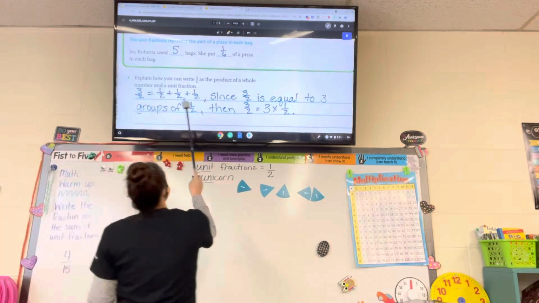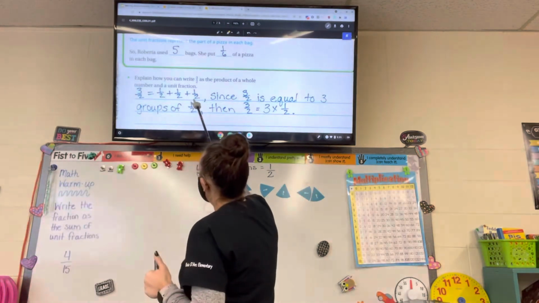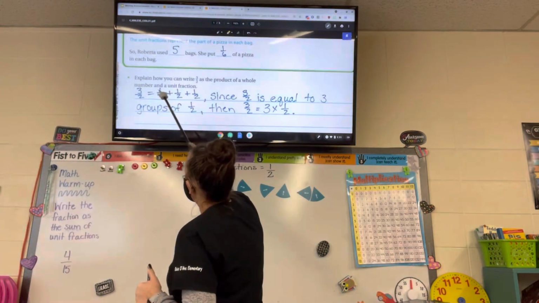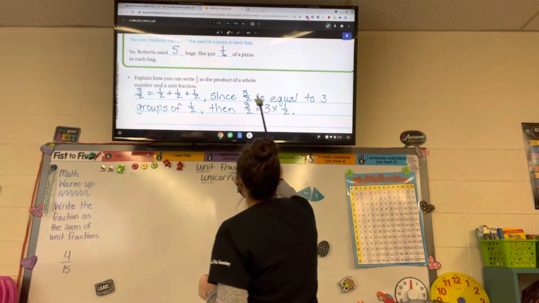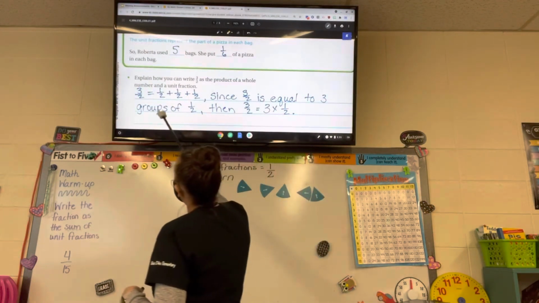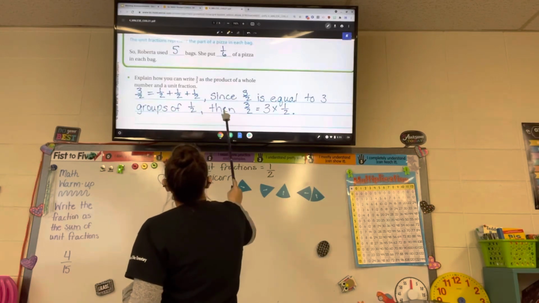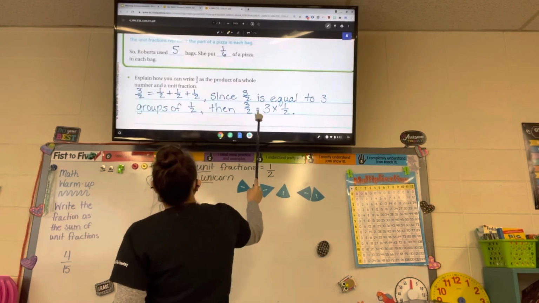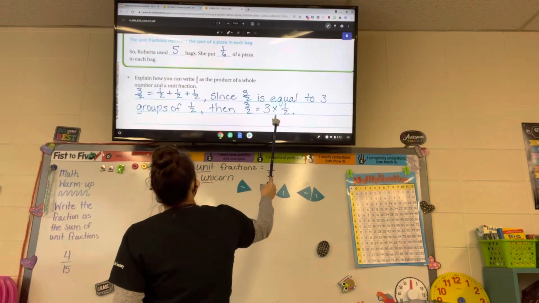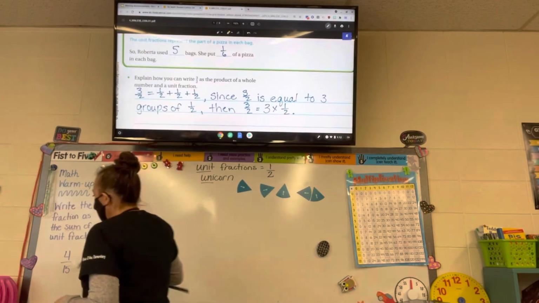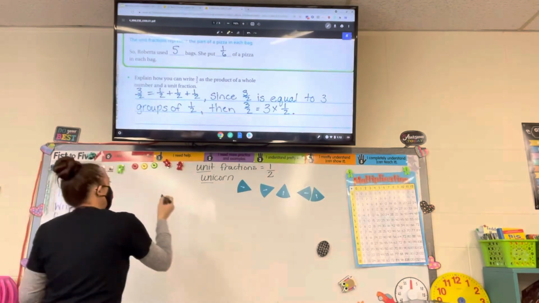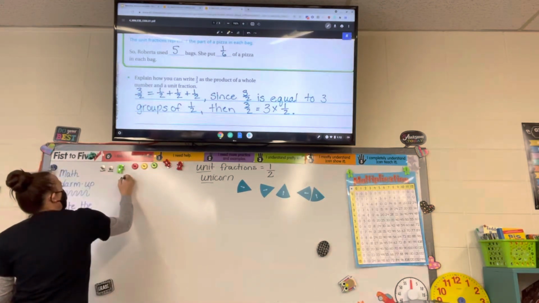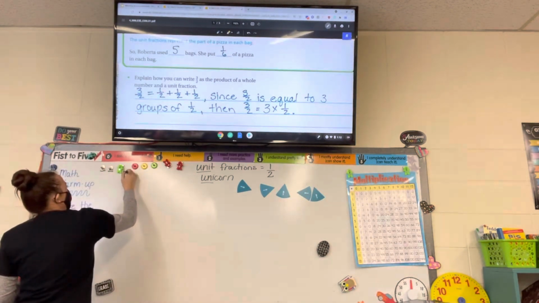So first we did it as the unit fraction, and then we saw that to get 3 halves we had to do 3 1/2s.